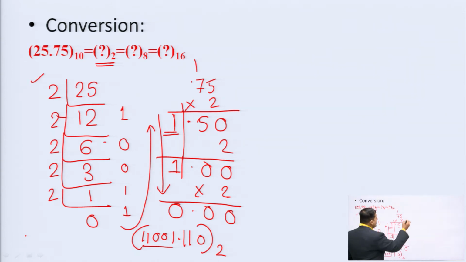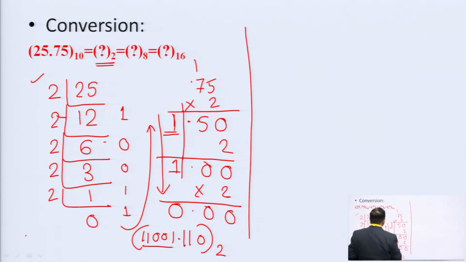Similarly, if we want to convert the same number into the octal number system, the octal base is 8. So, we are going to divide the integer part by 8 and multiply the fractional part by 8.